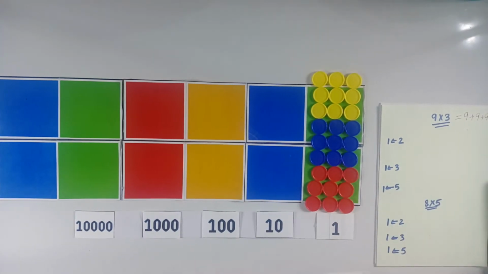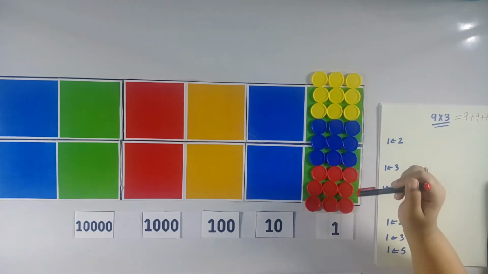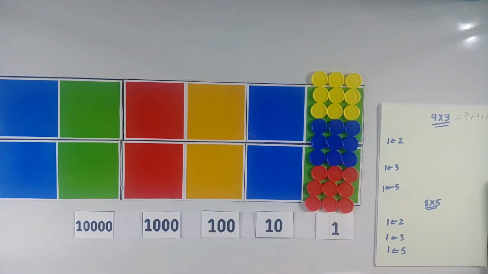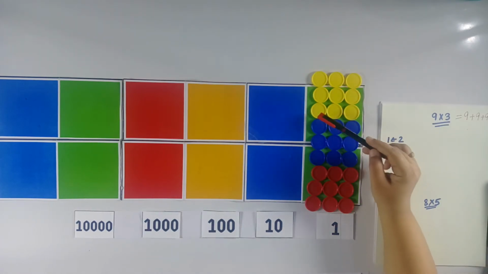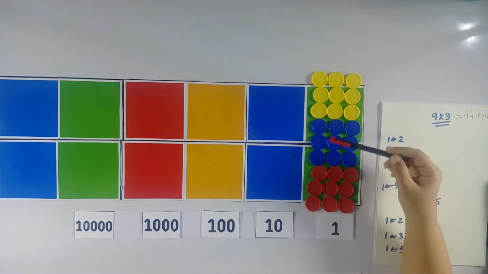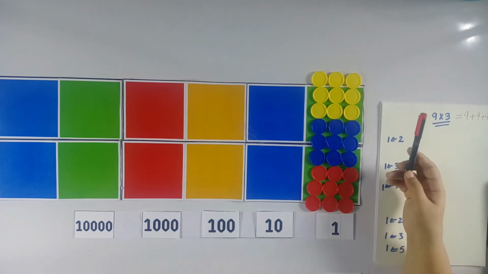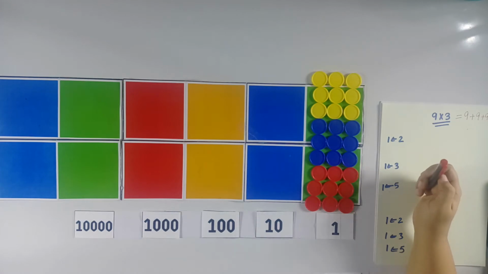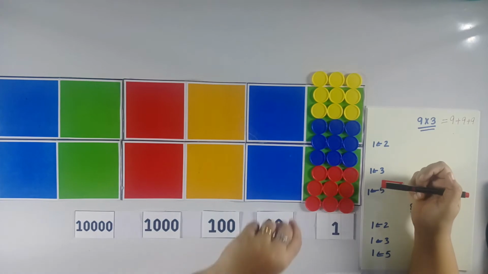So what should I say? With 9 being added 3 times in a 10-1 machine, I have these 3 colors which are showing me 9 plus 9 plus 9, and then because it's a 10-1 machine, I have to explode 10 dots every time.